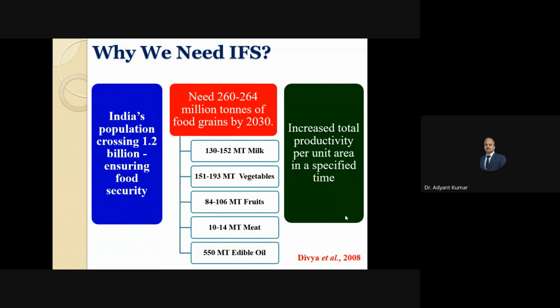The modernization of Indian villages is also a very big problem. To feed this much population, we have to increase the total productivity per unit area, per unit time. Therefore, the integrated farming system is much more important.